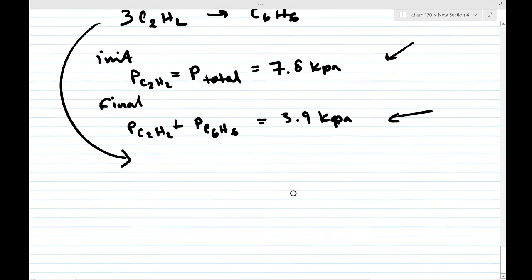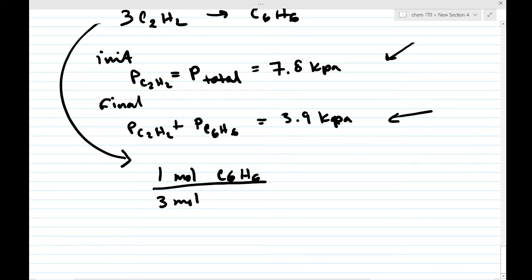Okay, from the stoichiometry of the problem, we know that 1 mole of C6H6, that's a bad 6, sorry, 1 mole of C6H6 is produced by 3 moles of C2H2. We know this from the stoichiometry, and furthermore, we know that this is reacted C2H2, which is important because that's what we're trying to get to.